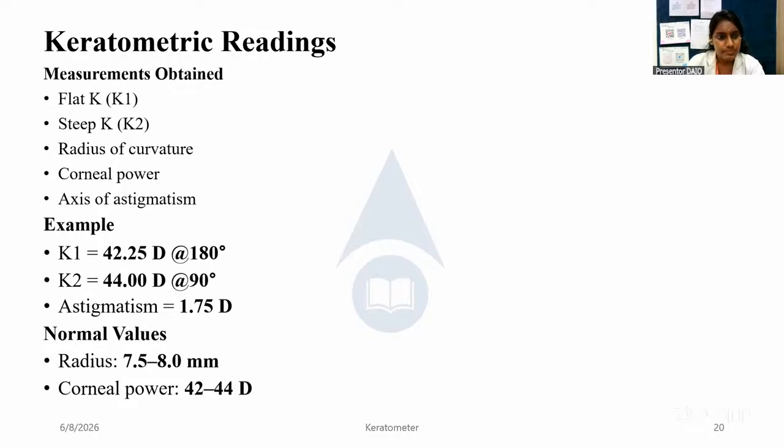As I already told, the lowest corneal diopter is the flattest K and the higher corneal diopter is the steepest K, whereas it is vice versa in radius of curvature. Larger radius is the flattest cornea and smaller radius is the steepest cornea. Normal values are radius 7.5 to 8.5 mm, corneal power 42 to 44 diopters.